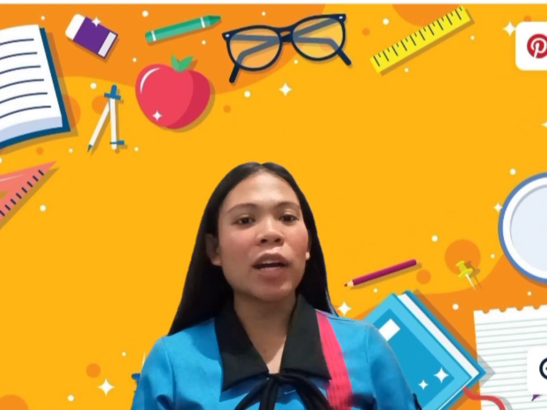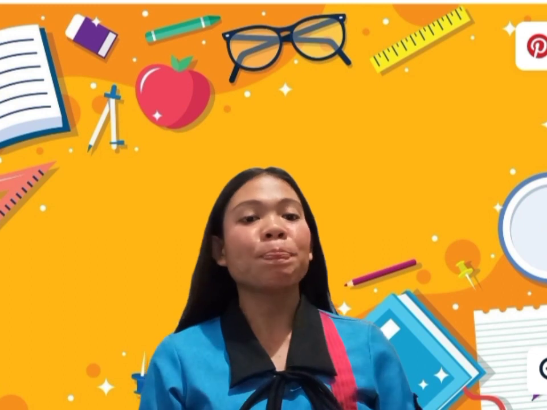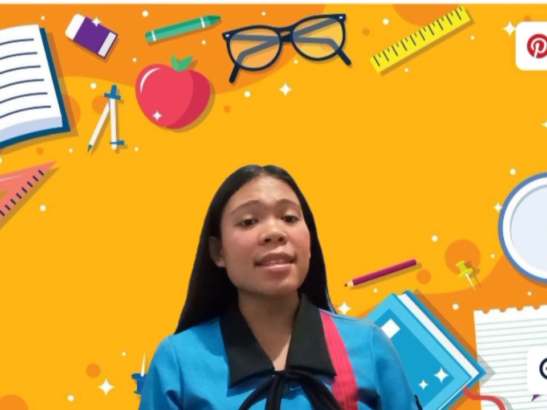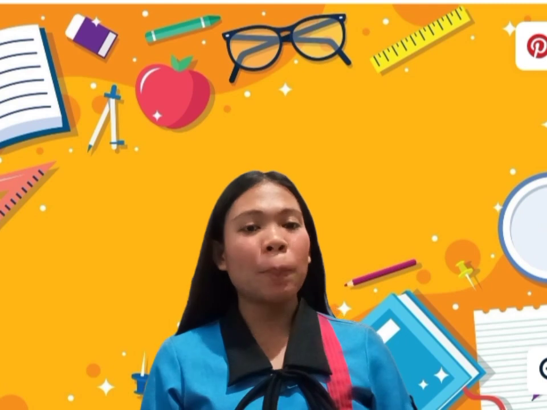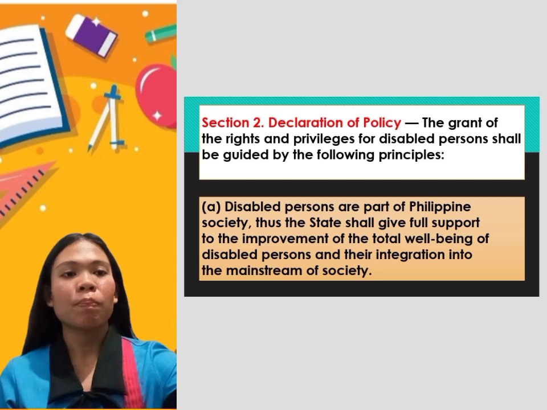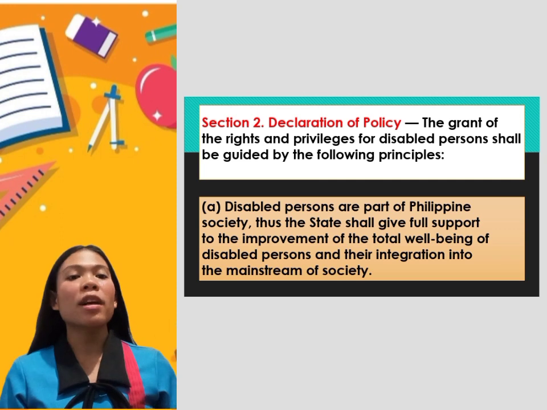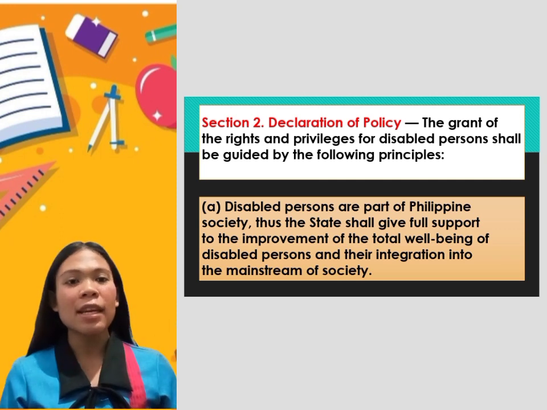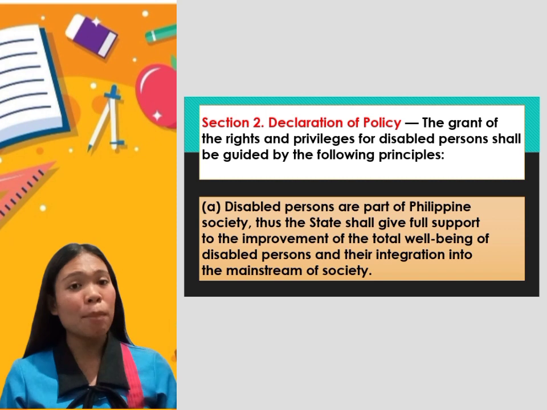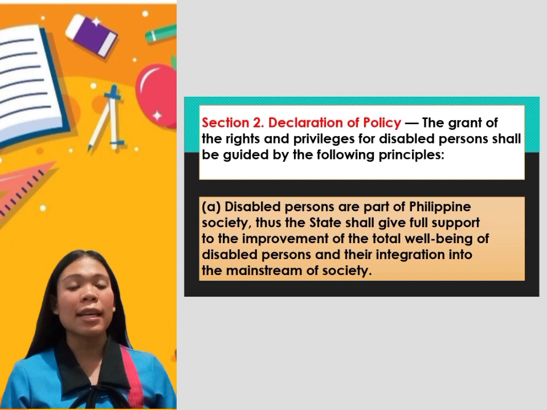Now let us know about Section 2, which is a declaration of policy, meaning the grant of the rights and privileges for disabled persons shall be guided by the following principles. Here are some principles. A. Disabled persons are part of the Philippine society, thus the state shall give full support to the improvement of the total well-being of the disabled persons and their integration into the mainstream of society.